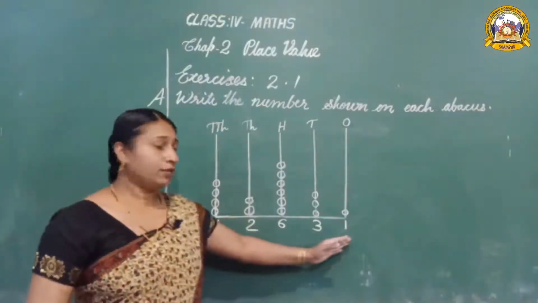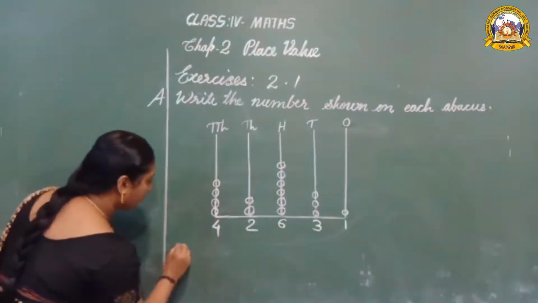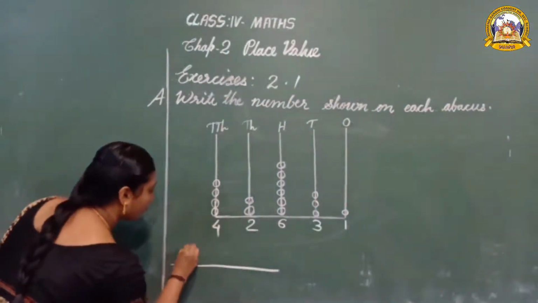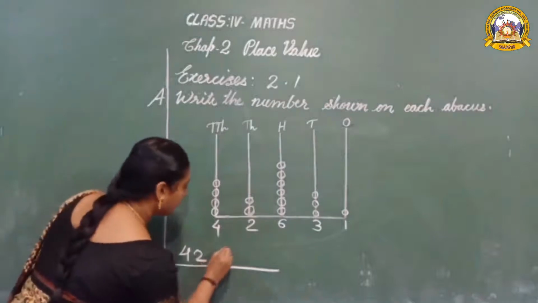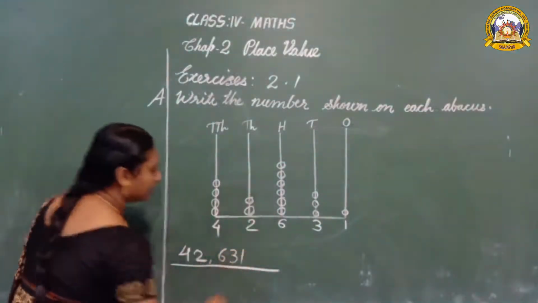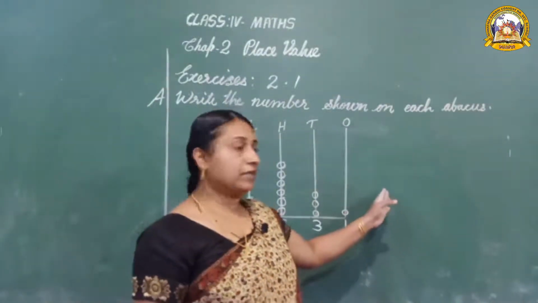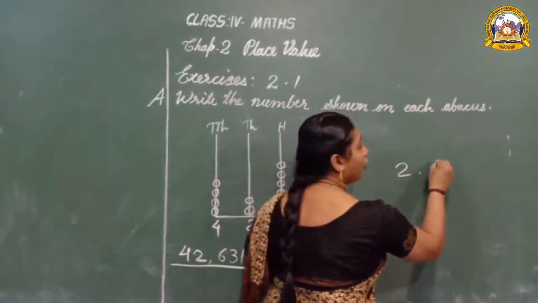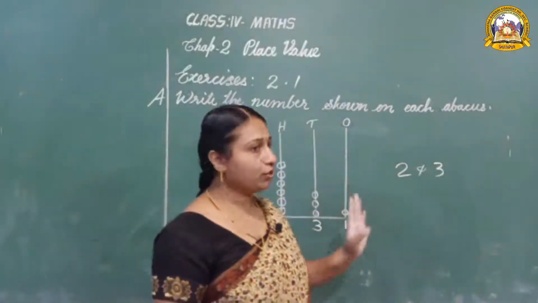Now we found the number. Okay, let us write which is the number. Yes, 42,631. It is our answer. 2 and 3 are remaining. You have to do that. It is for homework. 2 and 3 you should do.